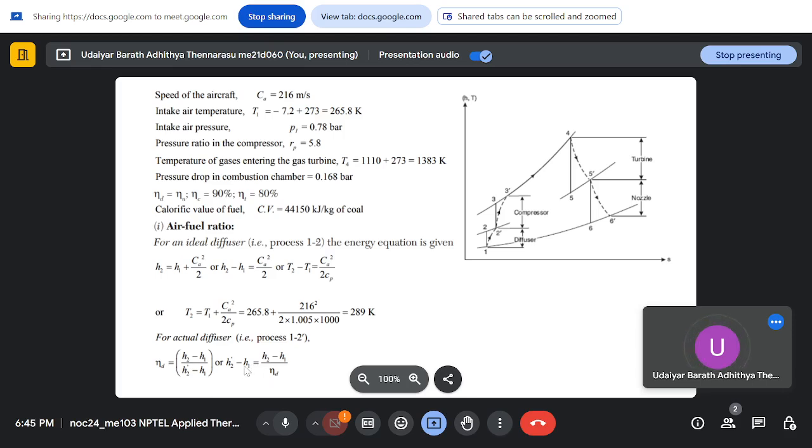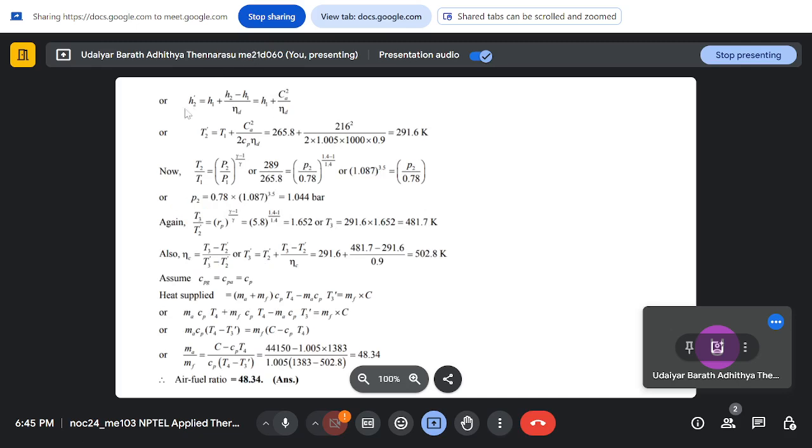So H2 dash minus H1 will become H2 minus H1 divided by your diffuser efficiency. So H2 dash will be H1 plus your ideal enthalpy change divided by the diffuser efficiency.